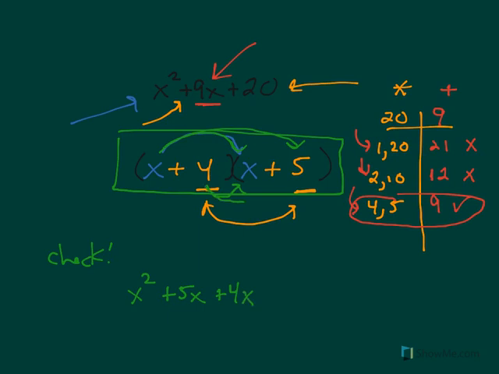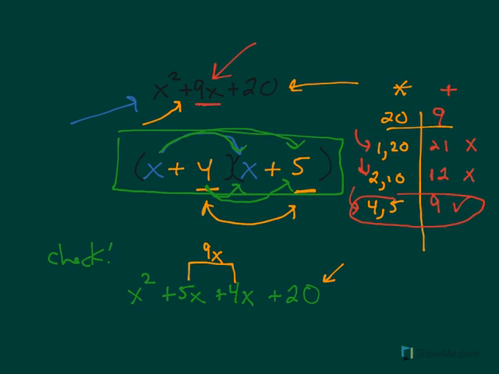And if you do 4 times the 5, you should get the 20 that we were looking for. So notice the 4 and the 5 are making that value of 20 that we wanted.